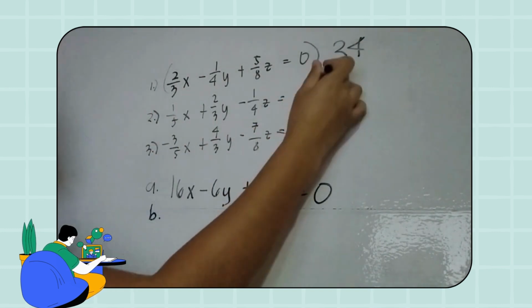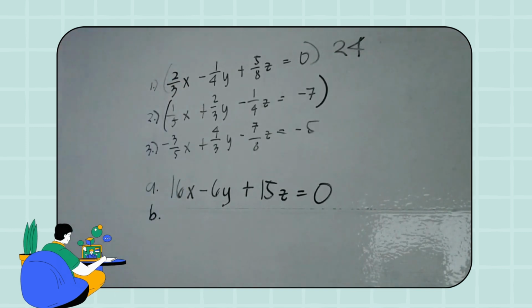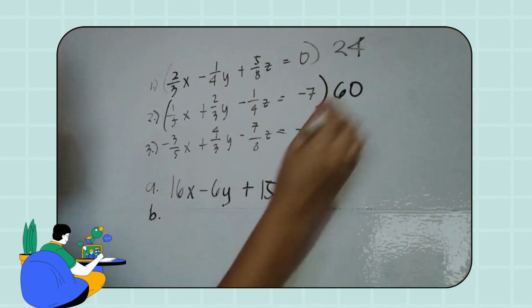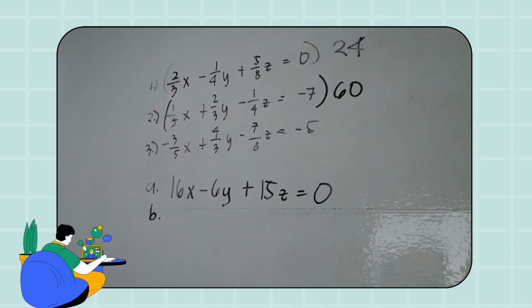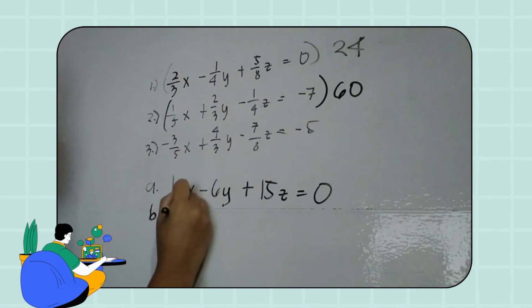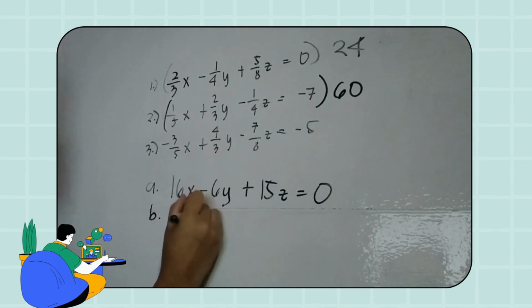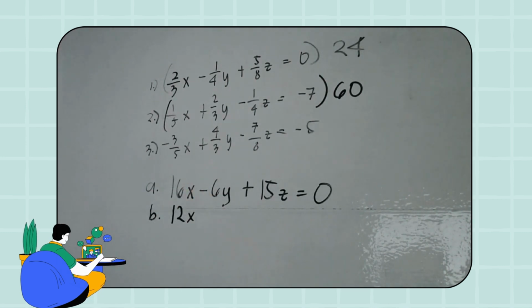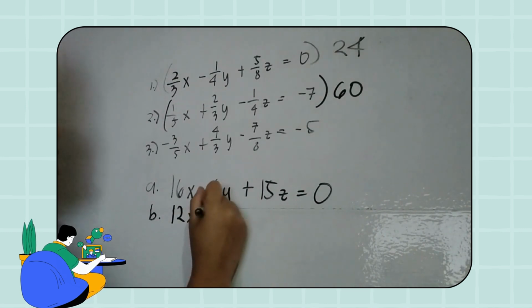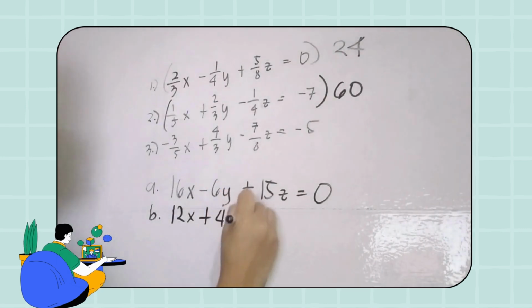has the least common denominator of 60. So 60 divided by 5 is 12, times 1, we have here 12x. 60 divided by 3 is 20, times 2, here 40y.